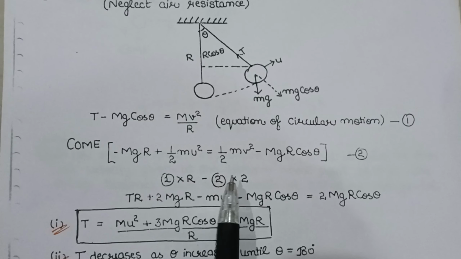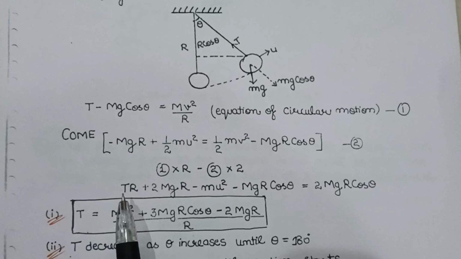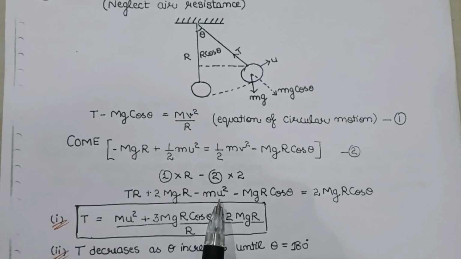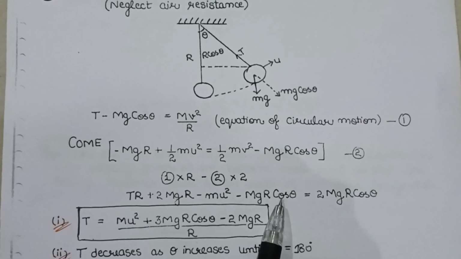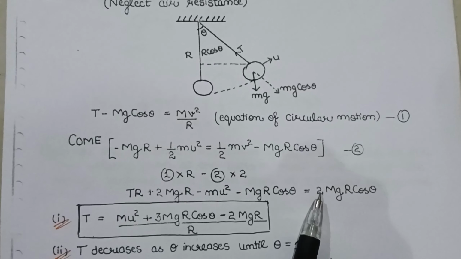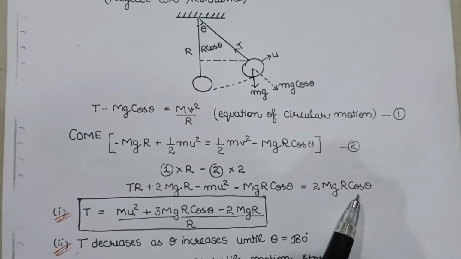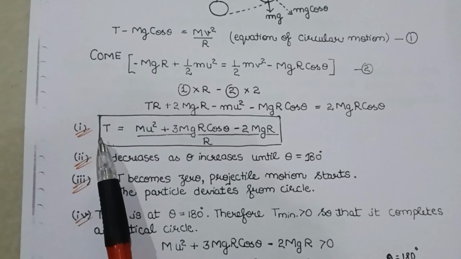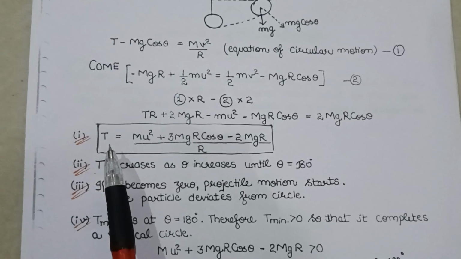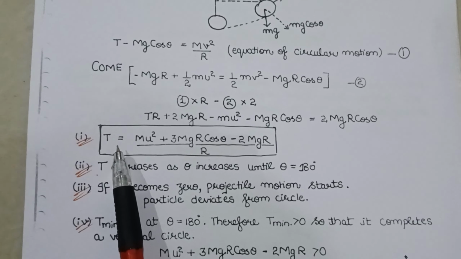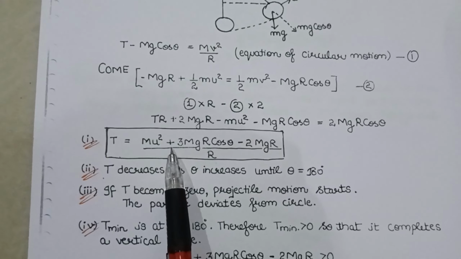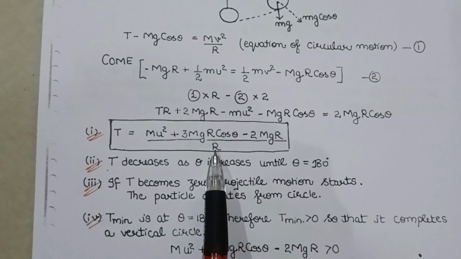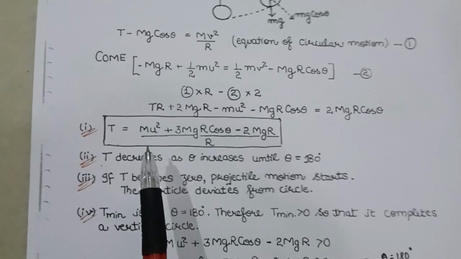From equation first and equation second, we get Tr plus 2mgr minus mu square minus mgr cos theta is equal to 2 into mgr cos theta. So, the tension in the string as a function of angle theta is equal to mu square plus 3mgr cos theta minus 2mgr, upon r.